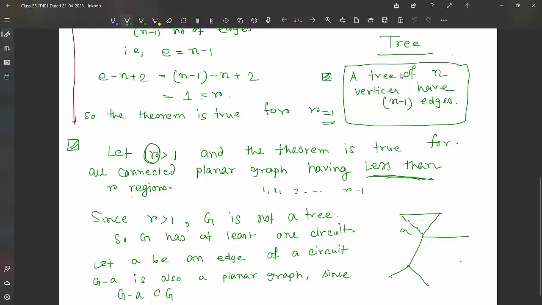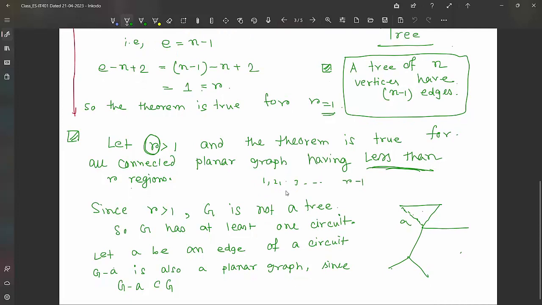Now we will show that for any graph with R number of regions, this hypothesis is also true. Now since the number of regions is greater than 1, that means it has at least one cycle or circuit, that means a closed path. Now suppose this is the closed path and A is an edge associated with the closed path or the circuit.